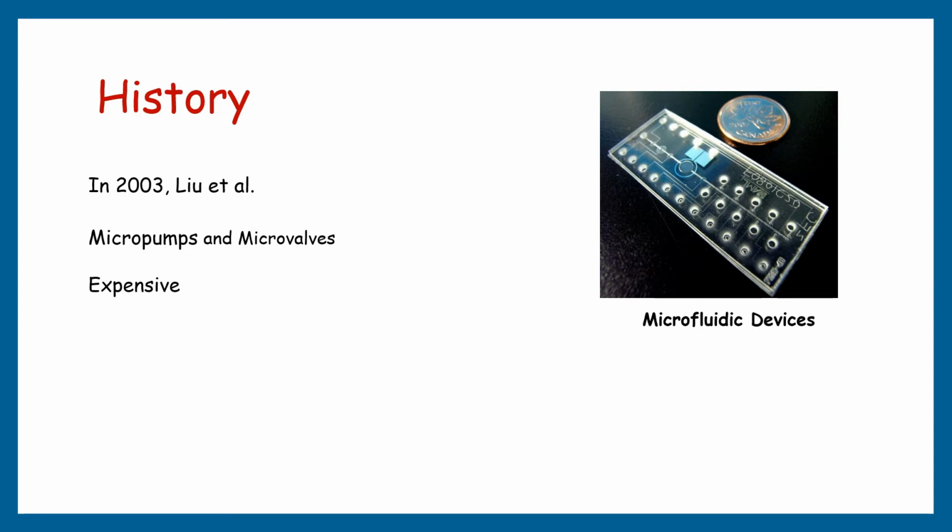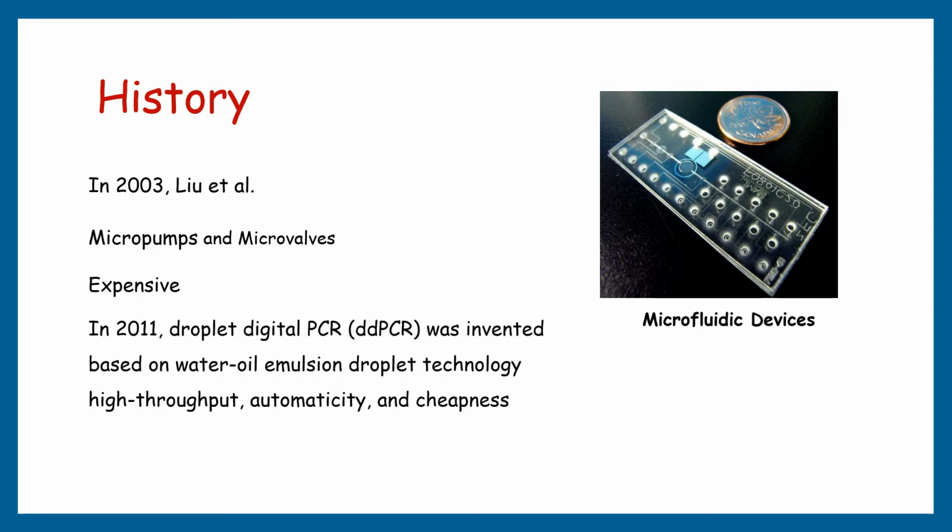In 2011, droplet digital PCR was invented based on water-oil emulsion droplet technology. This technique features high throughput, automaticity, and cheapness. Since then, digital PCR was ushered into clinical work.